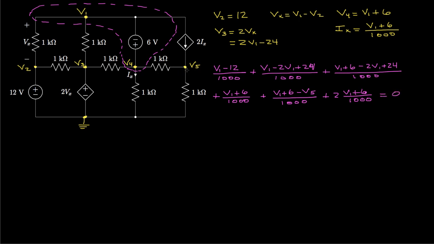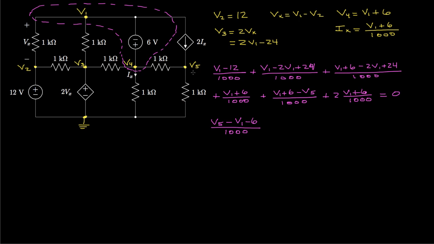Now the second equation would be at node V5. So the first current leaving that would be this one perhaps, V5 minus V4. So that's V5 minus V4, but V4 is V1 plus 6, over 1000.